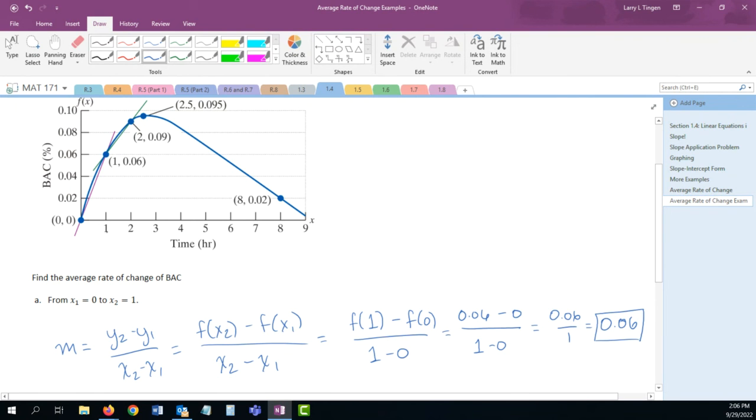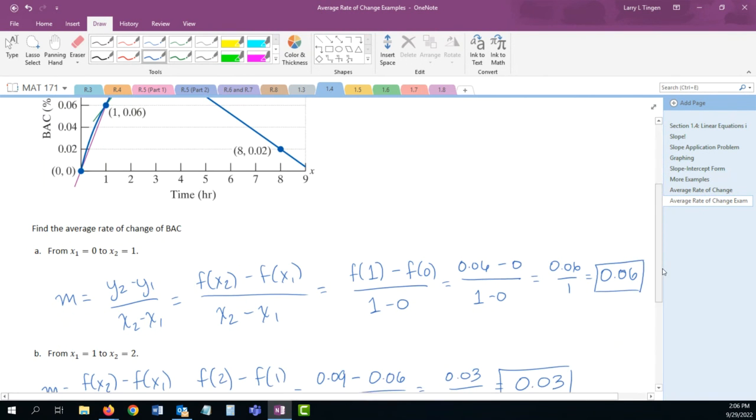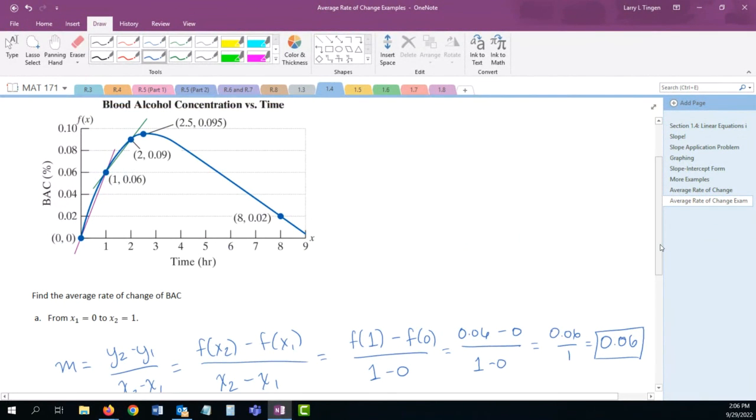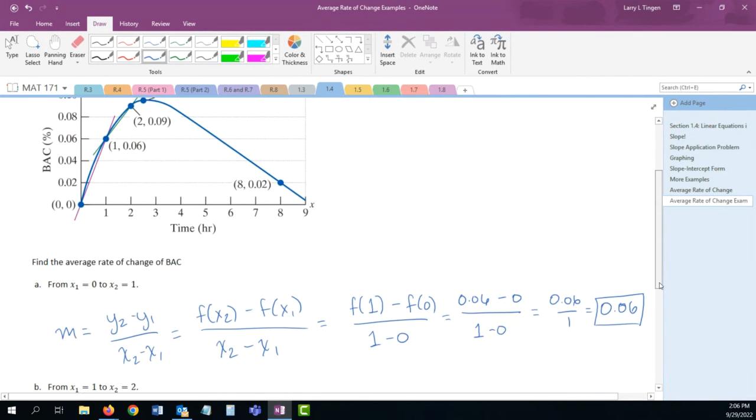This is not a one-to-one setup. It's not 1 hour is 1% blood alcohol. It's 1 hour is 0.02. So even though this slope looks small, for the kind of function that we're looking at, it's steep. All right. Any questions?